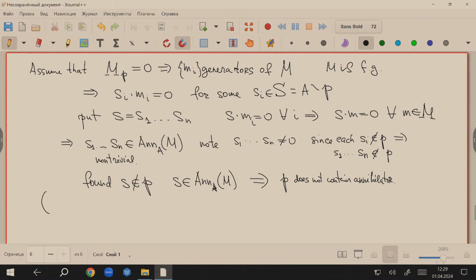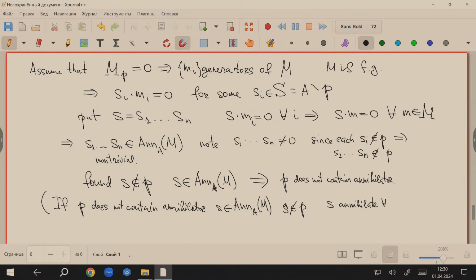So if the annihilator is not contained in P, take S in the annihilator and not in P. And S annihilates any element of M of the localization.